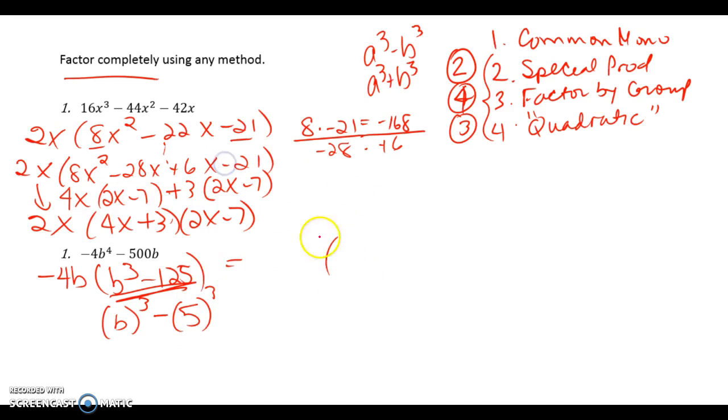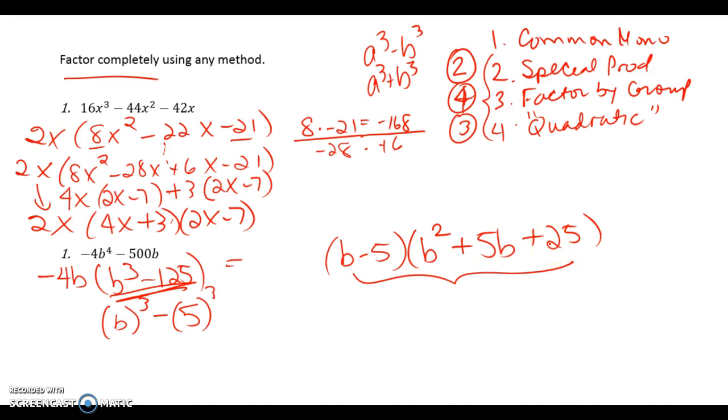So if I do that, it's b minus 5. Then it'll be a squared, in this case b squared, plus 5b plus 25. Looks like that. All right, so that's the difference of cubes, but don't forget I pulled out this.